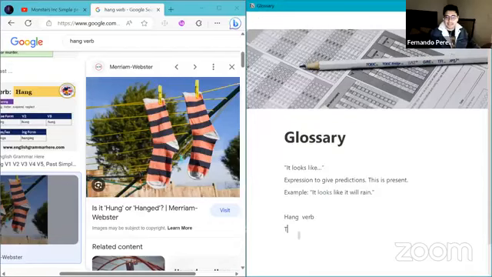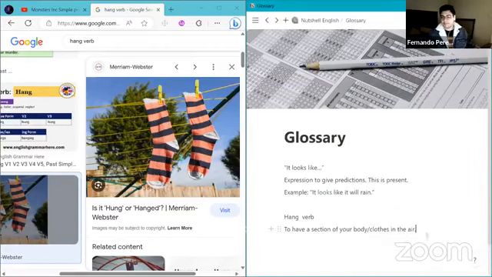To hang is to have a section of your body in the air. Or clothes, no? The section of your body or clothes in the air.